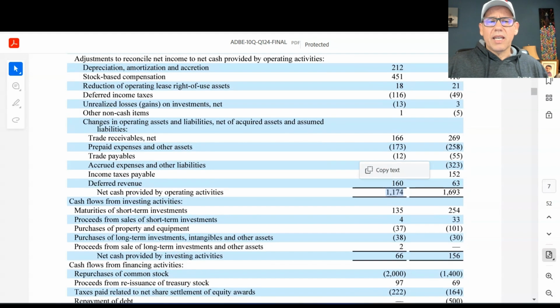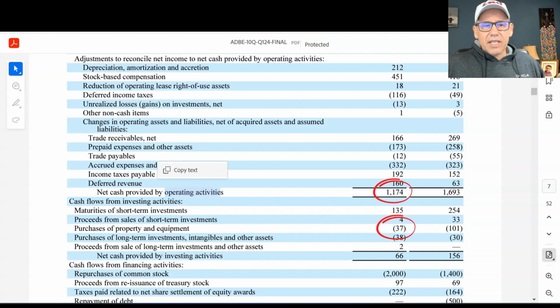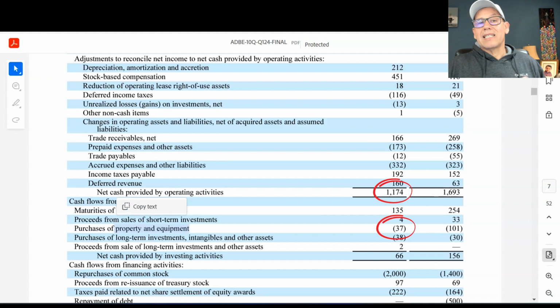The other piece that we take away to get to the term free cash flow. Free cash flow is cash from operations minus the investment in plant, property, and equipment, also referred to as capital expense. Now, why does this make sense? If you have a company that produces cash, that's great. But do you have to reinvest in the business ongoing?